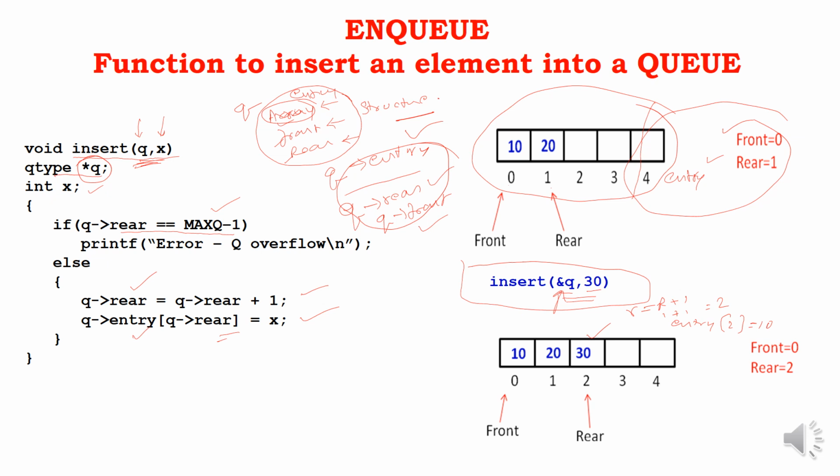So the main instructions to insert an element into a queue is rear is rear plus 1, entry of rear is x. Where entry and rear are members of queue, and queue is a pointer to structure. That's why we use q arrow rear is q arrow rear plus 1, q arrow entry of q arrow rear is x.